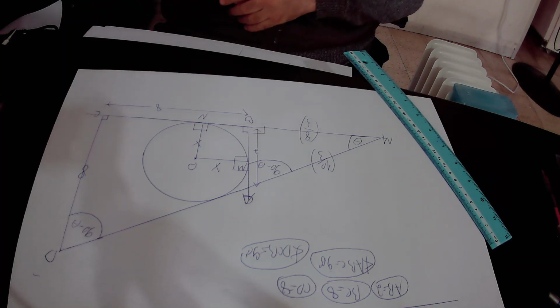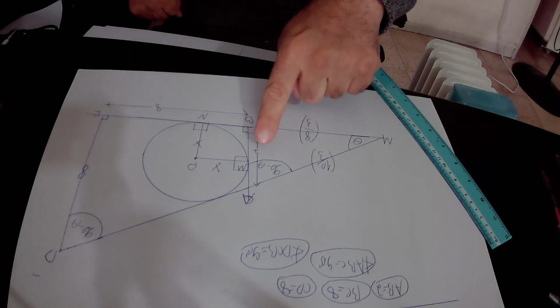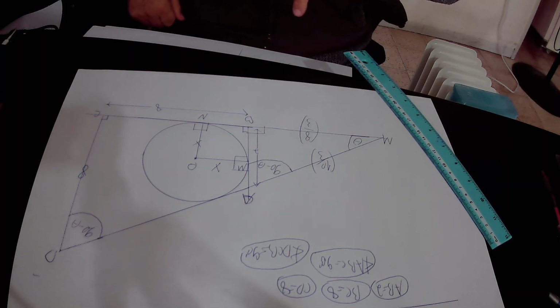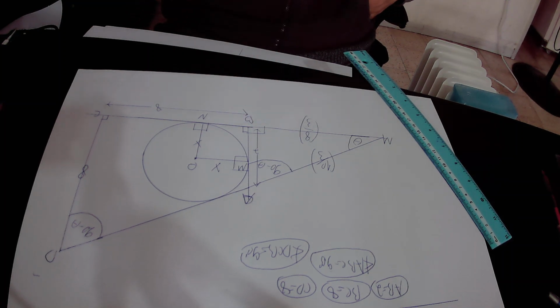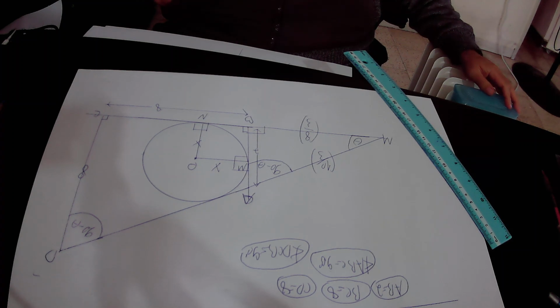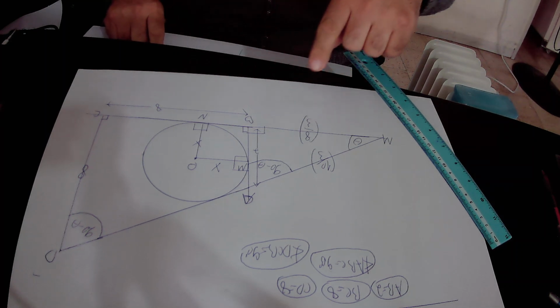So we'll focus on quadrilateral MONB. In this quadrilateral we have 1, 2, 3 right angles. The sum of 3 right angles is 90 times 3, which is 270 degrees, plus the fourth angle.